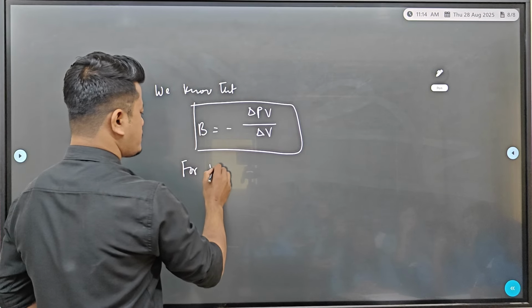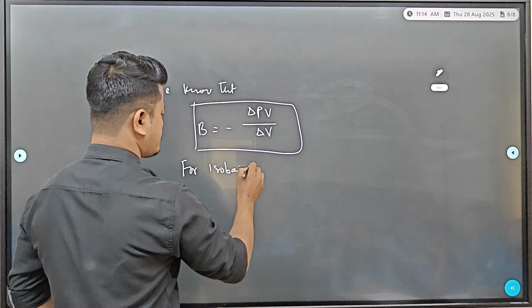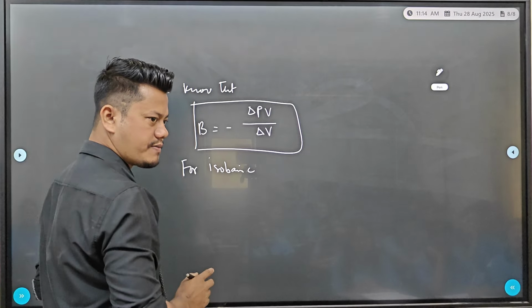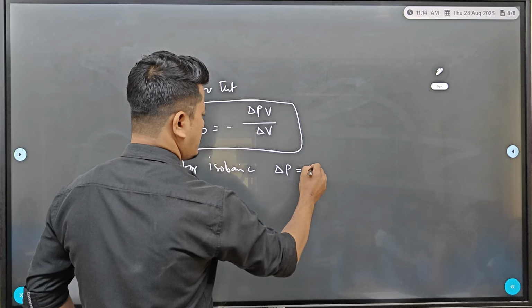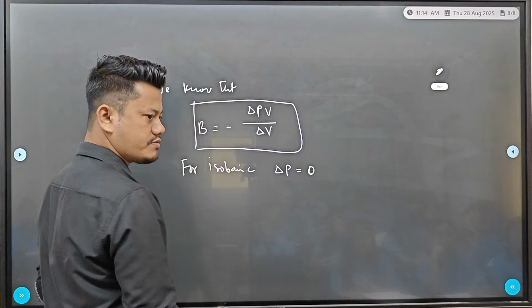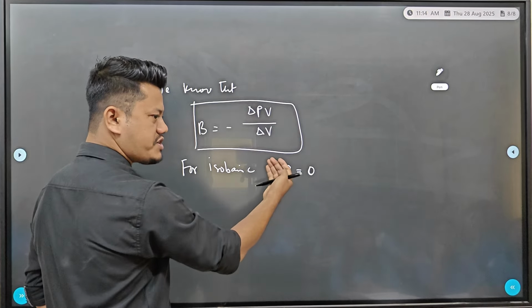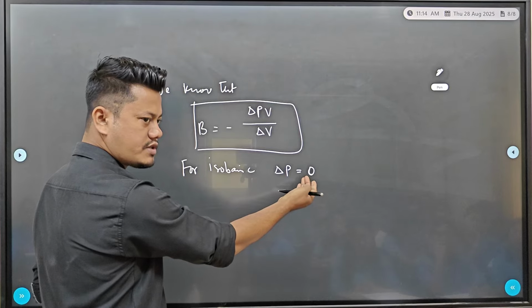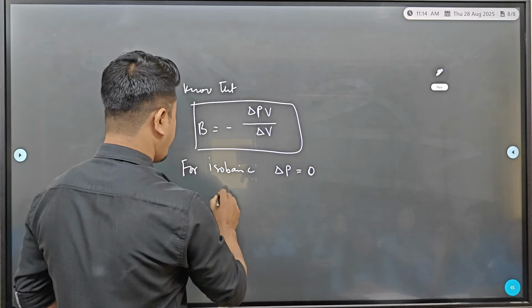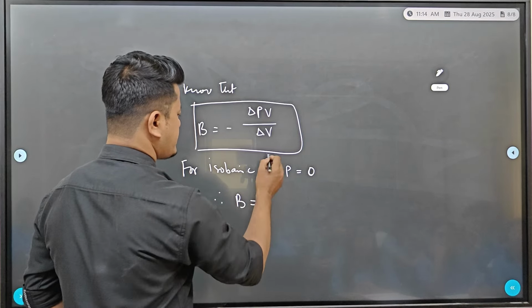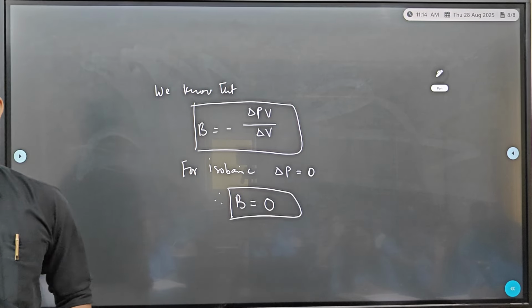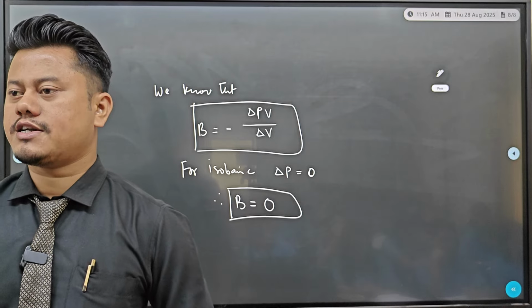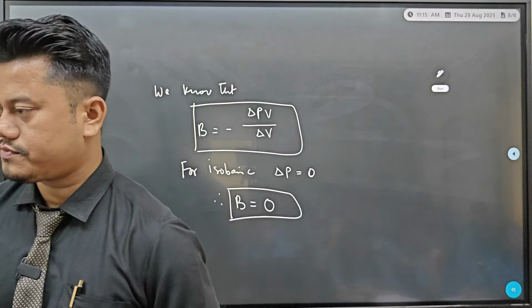For isobaric process, is there any change in pressure? Pressure is constant. It means change in pressure needs to be 0. Yes or no? Therefore, your bulk modulus can be written as 0. Are you getting my point? So, what will be the modulus of elasticity under constant pressure? 0.